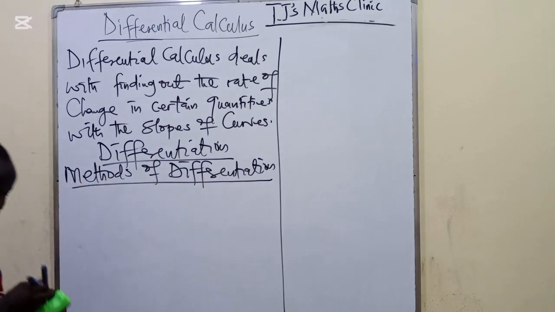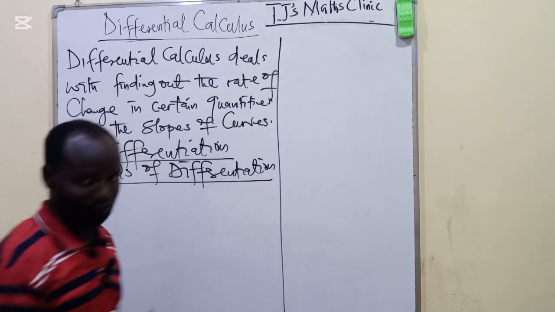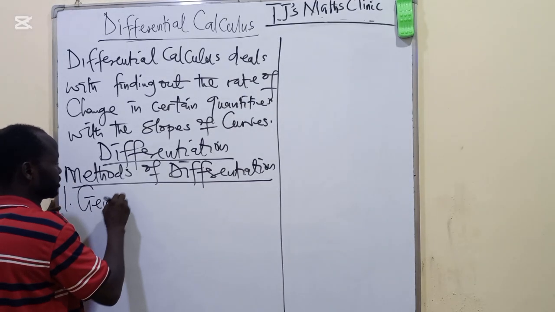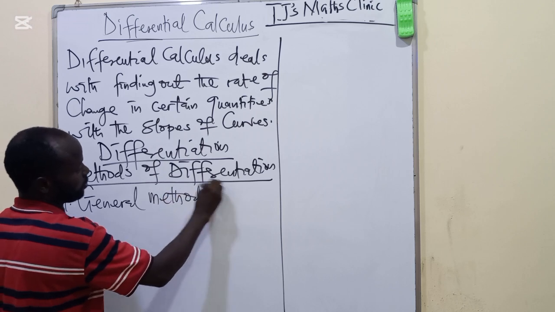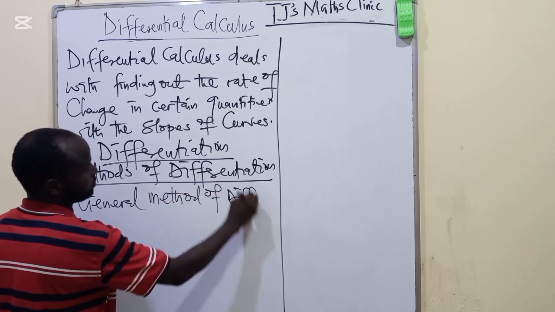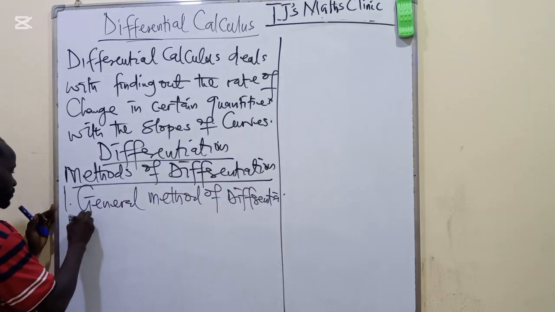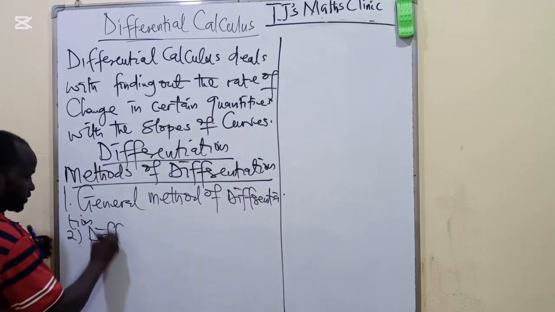I have basically six methods of differentiation. Number one is what we call the general method. Number two, we have differentiation from first principle.